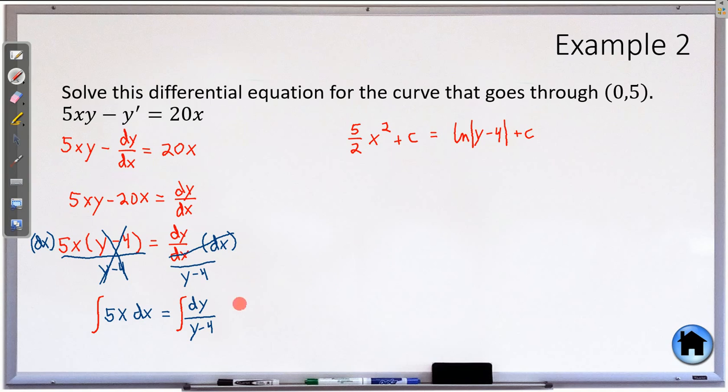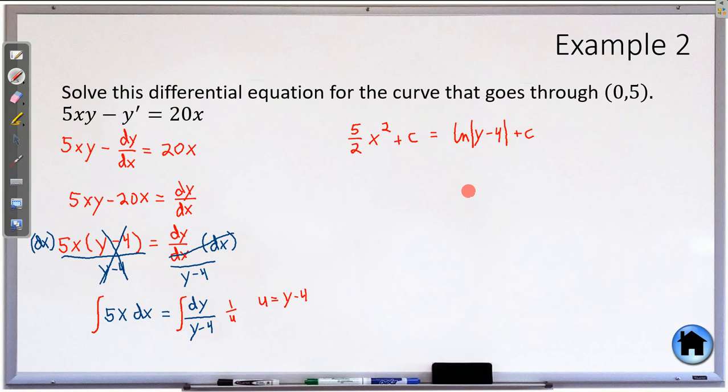Now you can hopefully sort of do that u substitution. Technically I'm making u y minus 4, so then that becomes 1 over u. It's sort of the fancy u substitution it's doing there. You can finish that to make sure that you actually get this.